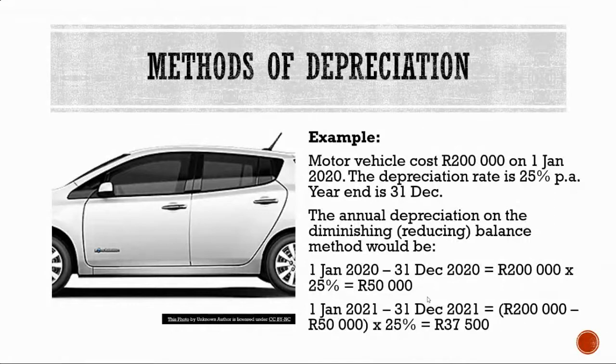And then there's also a tax implication. So from a tax point of view, you get wear and tear. That is how SARS determines how you depreciate an asset versus how you do it for accounting purposes.